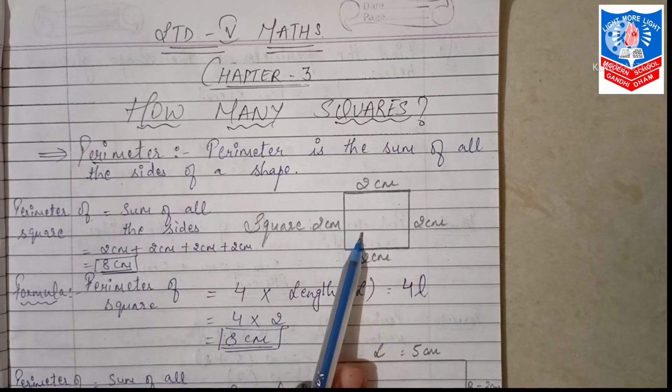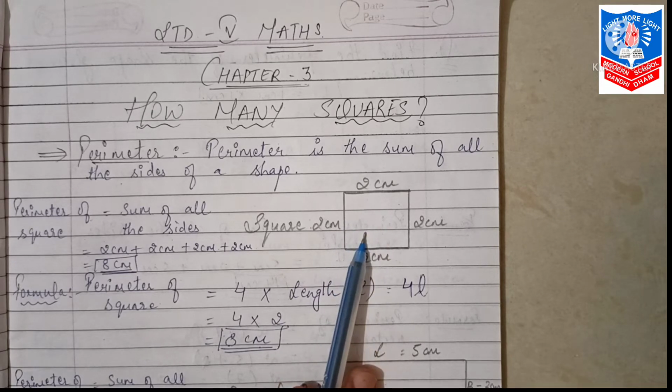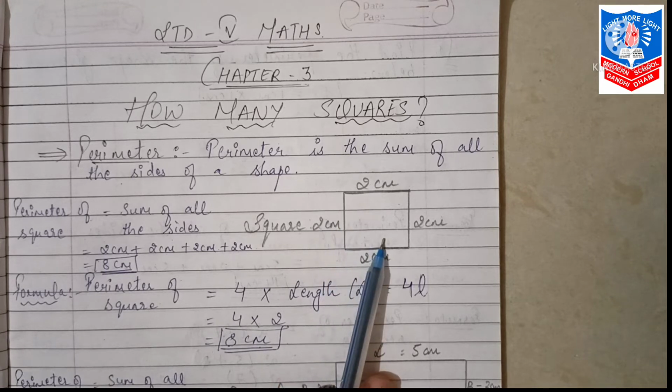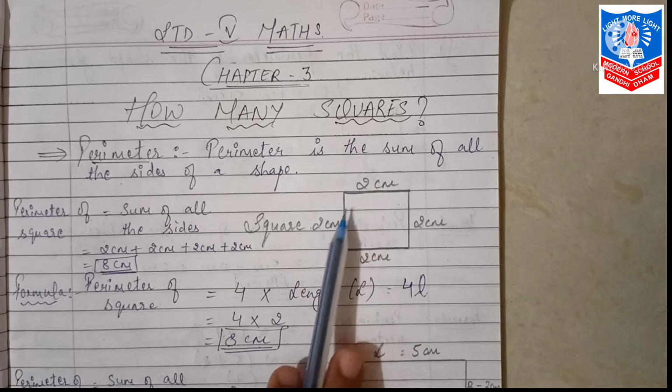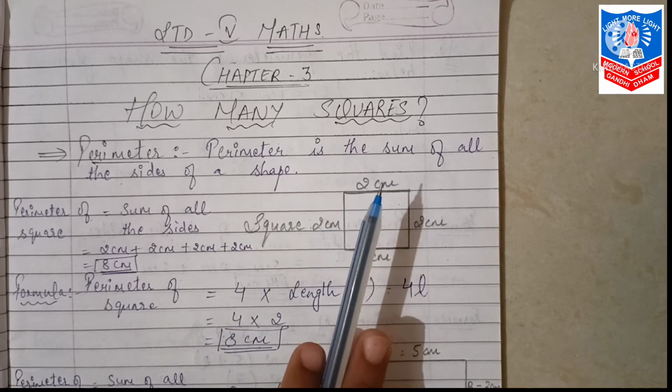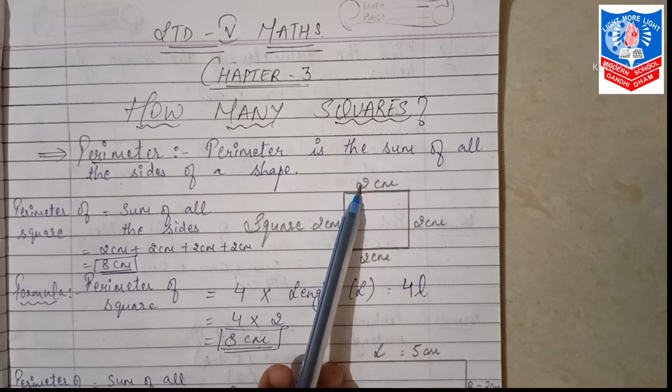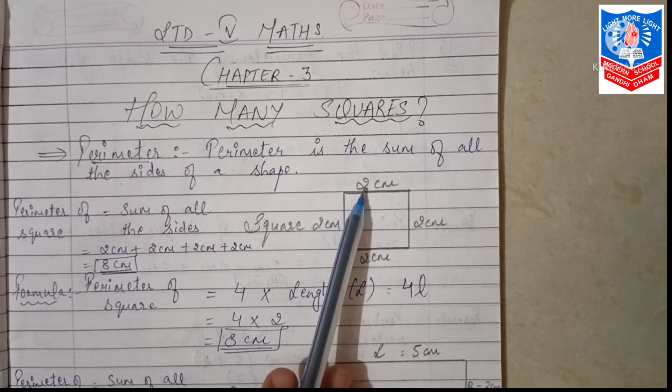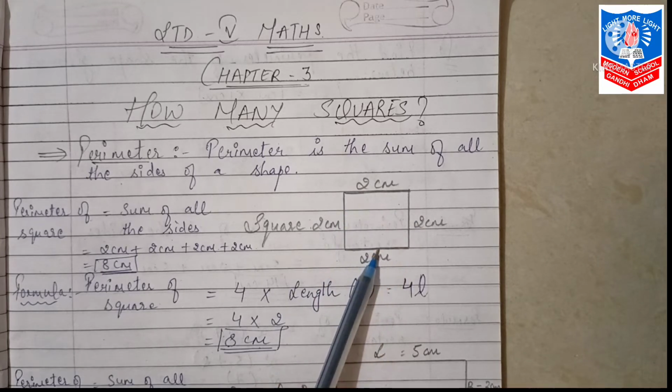Let us take one example. As you can see in the picture, this is the shape of a square. And if you know, a square is equal on all four sides. That means length and breadth both are equal. On the top side, this line is known as length and the opposite side is also known as length.